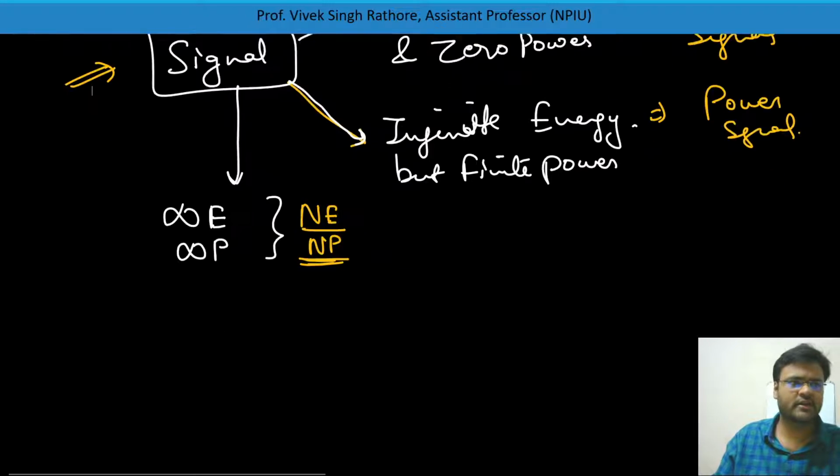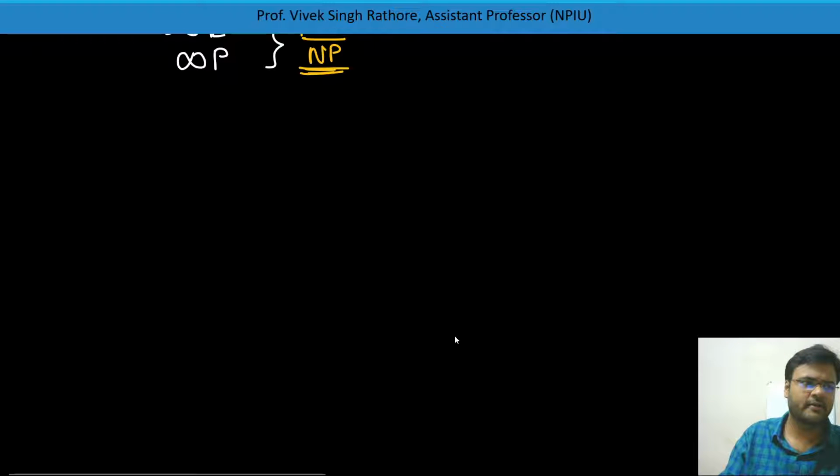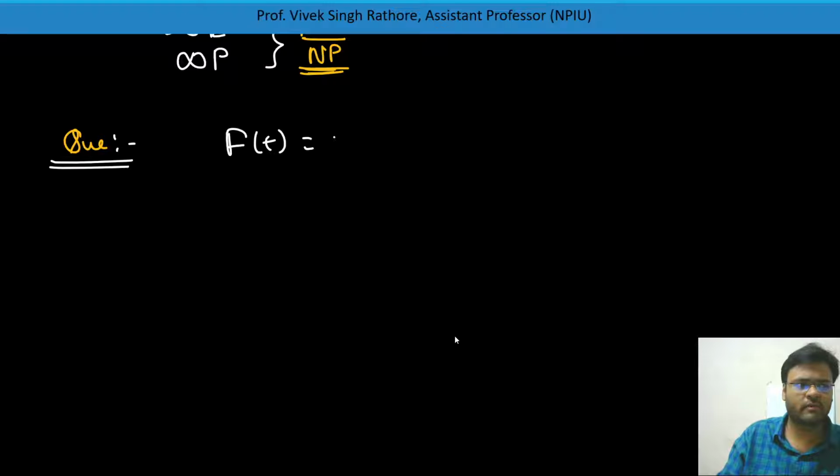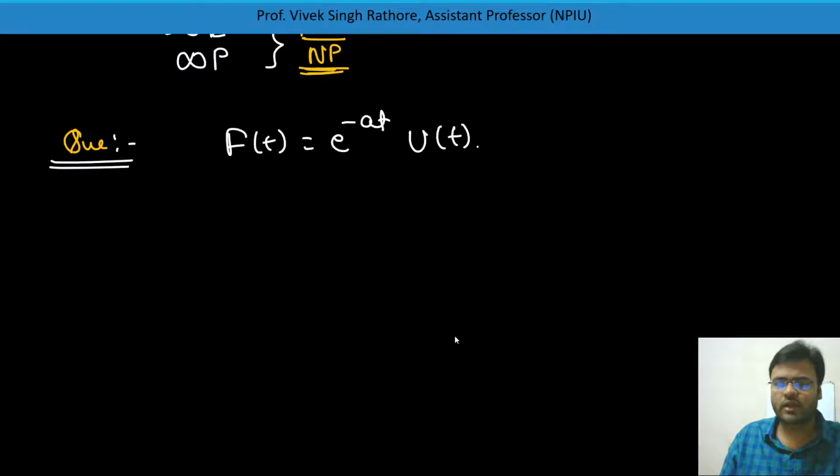Let's take an example and understand it. Suppose you have been asked f(t) is equal to e to the power minus at into u(t). You need to calculate the energy, and say whether it is an energy signal or a power signal.